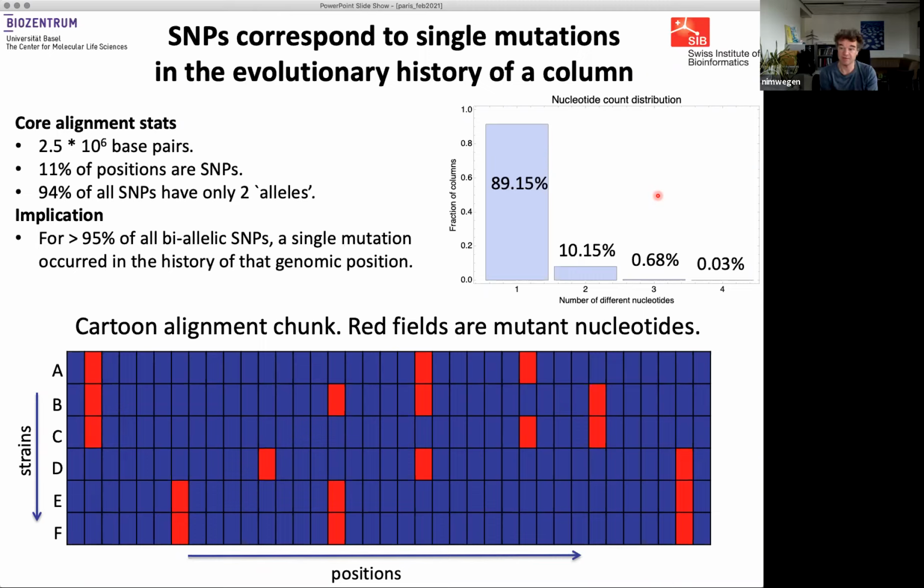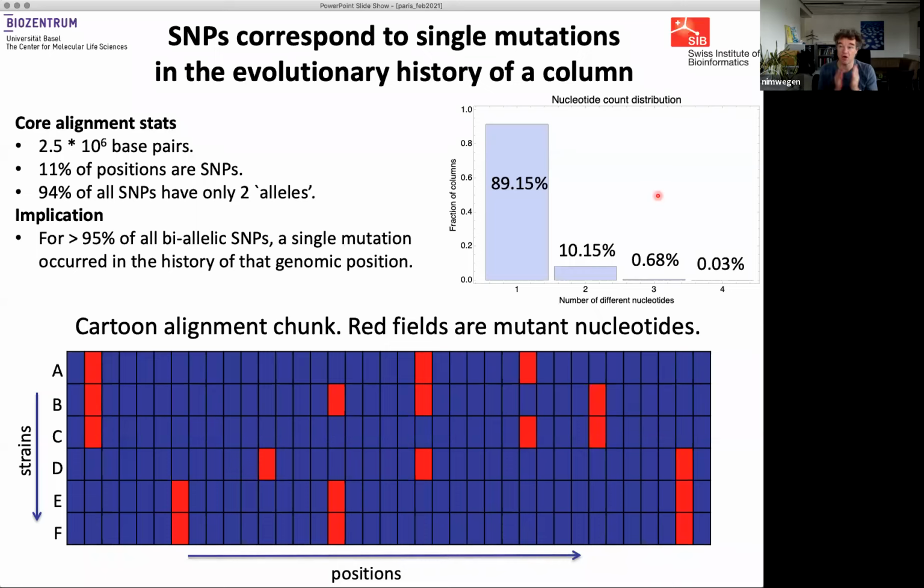So it's extremely rare that you find 3 or 4 alleles, and you can do some very basic modeling that shows that whenever you see a column where 2 nucleotides appear, this column underwent 1 mutation in the history of the strains in the alignment.